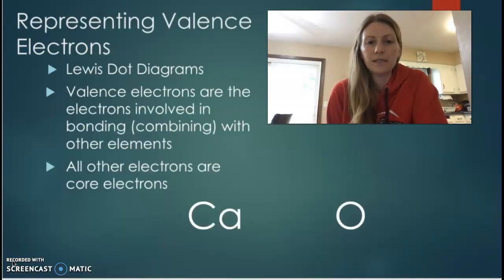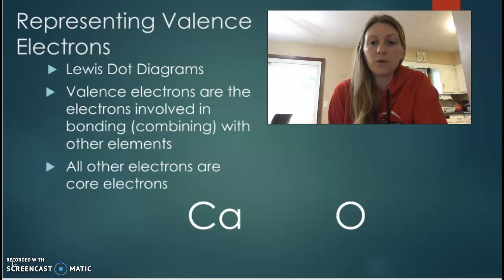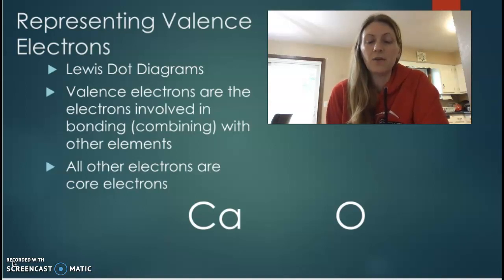When we represent electrons, we usually draw them in a Lewis dot diagram or Lewis dot structure. We're going to learn about those coming up in the future. But valence electrons are the ones that are involved in bonding or combining with other elements. So we draw them as just a dot on the outside of our symbol.